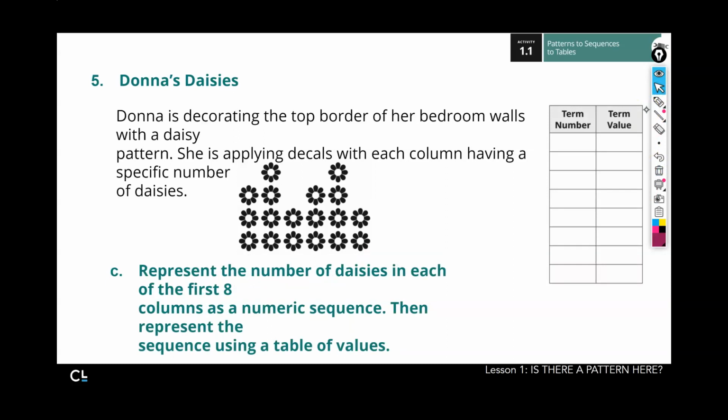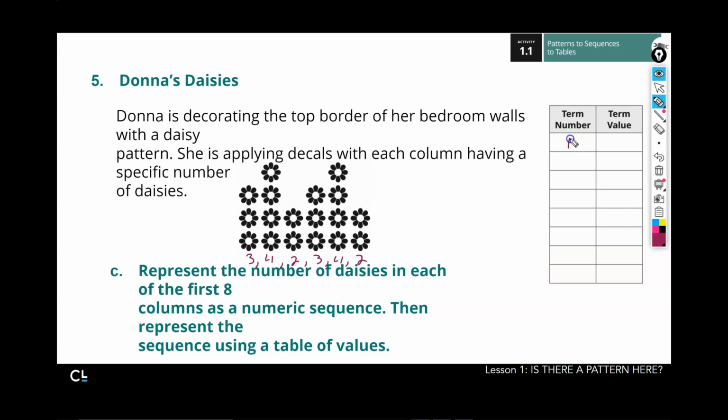Part C, represent the number of daisies in each of the first 8 columns as a numeric sequence, then represent the sequence using the table. So the sequence we've stated 3, 4, 2, 3, 4, 2.